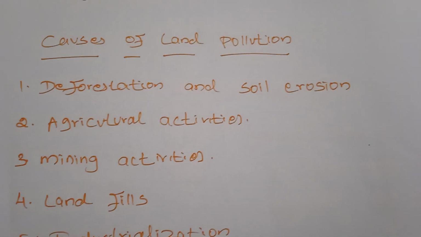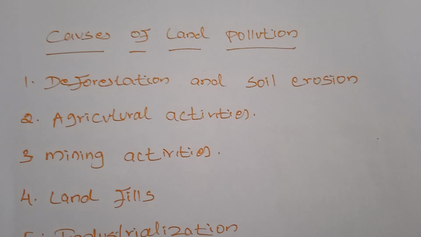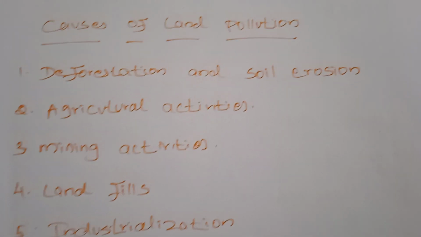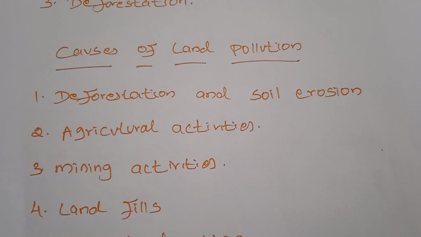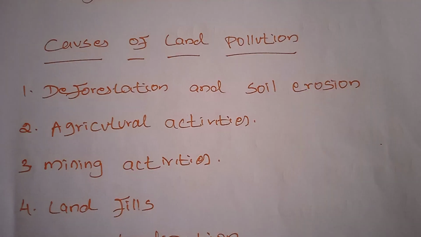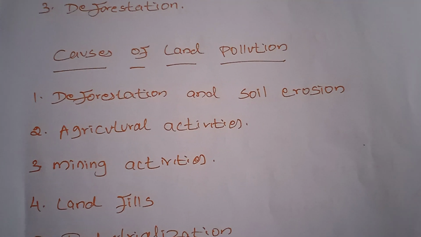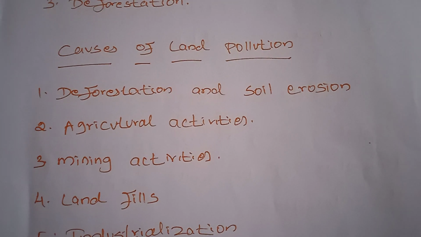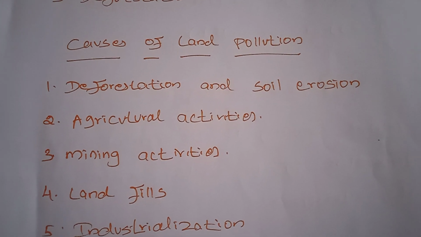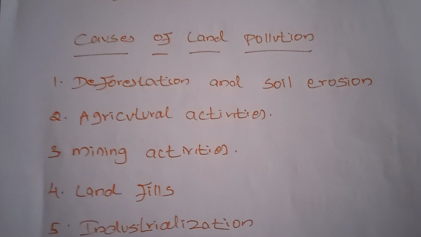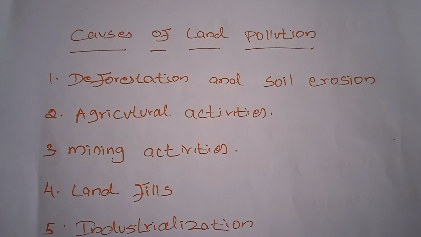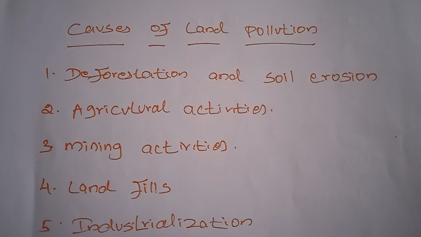Next, causes of land pollution. What are the causes that lead to land pollution? First one is deforestation and soil erosion. Deforestation carried out to create dry lands is one of the major concerns.